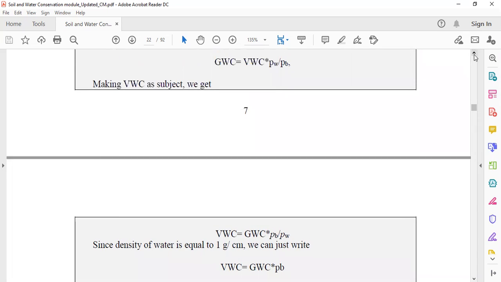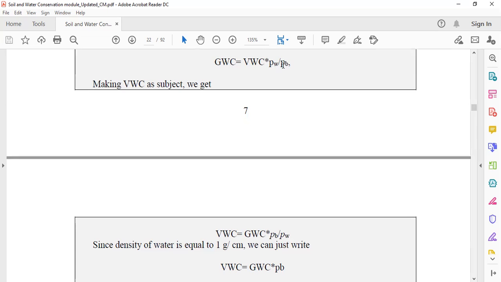Rearranging this formula, such that we make volumetric moisture content the subject, it simply means that we multiply gravimetric moisture content with the bulk density.